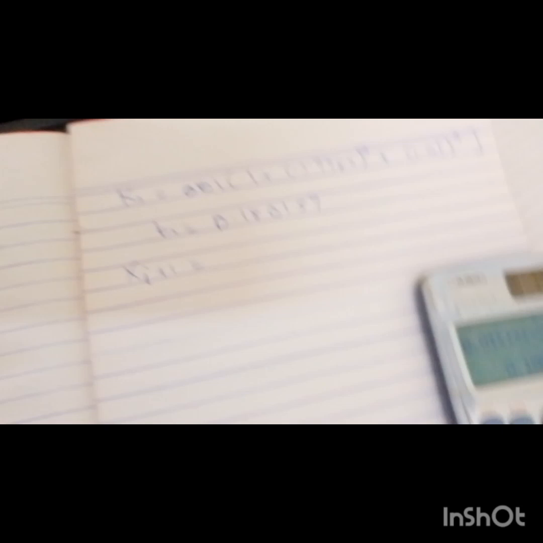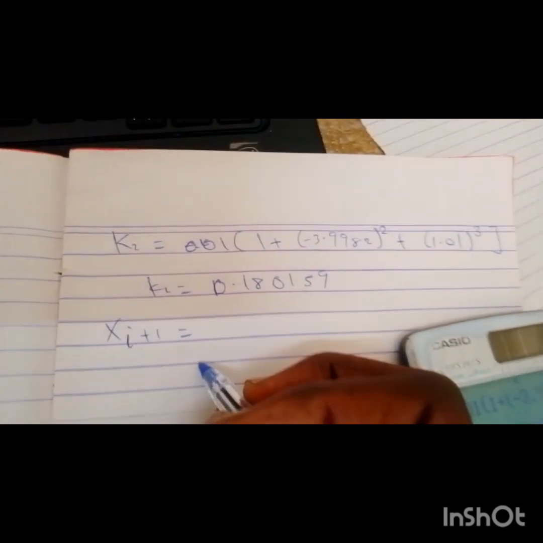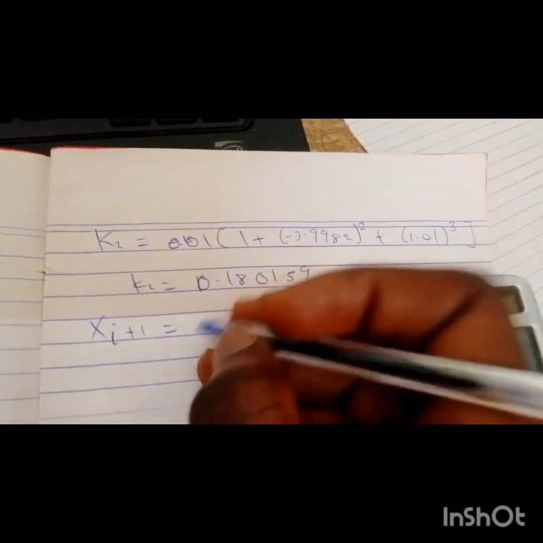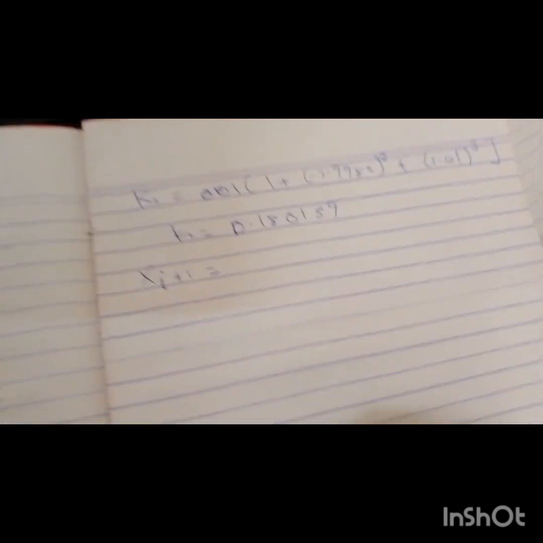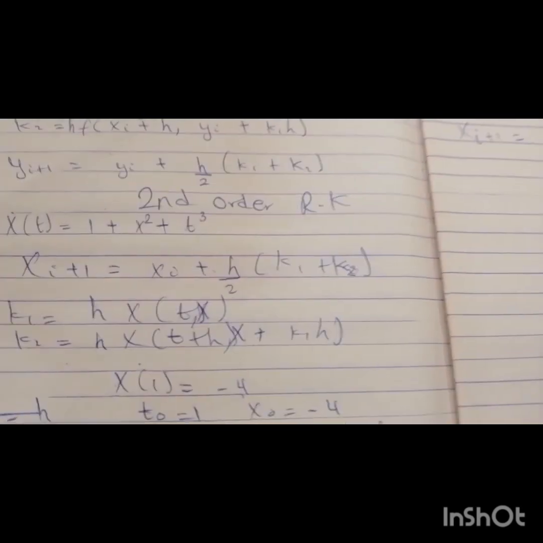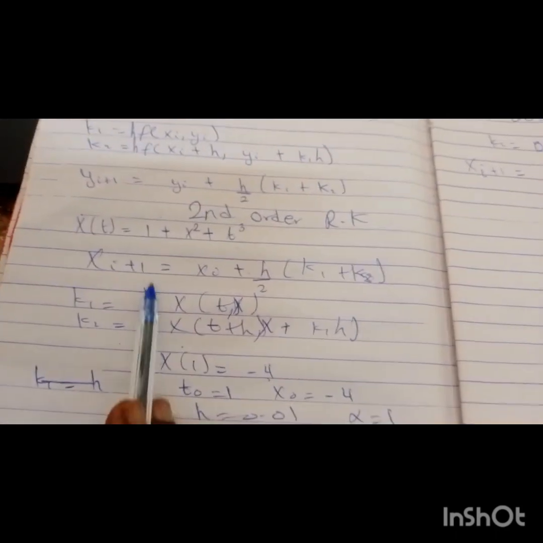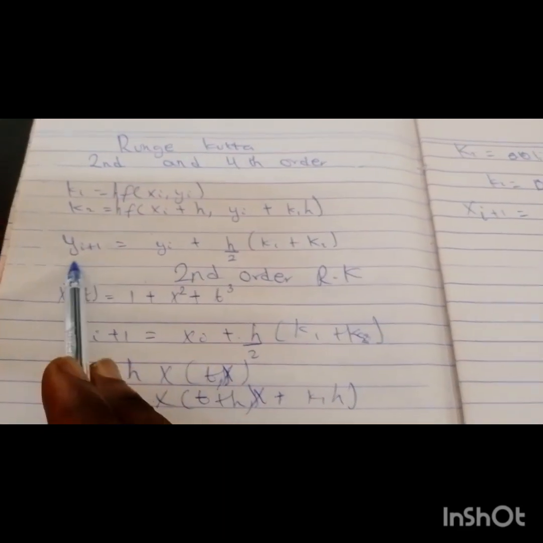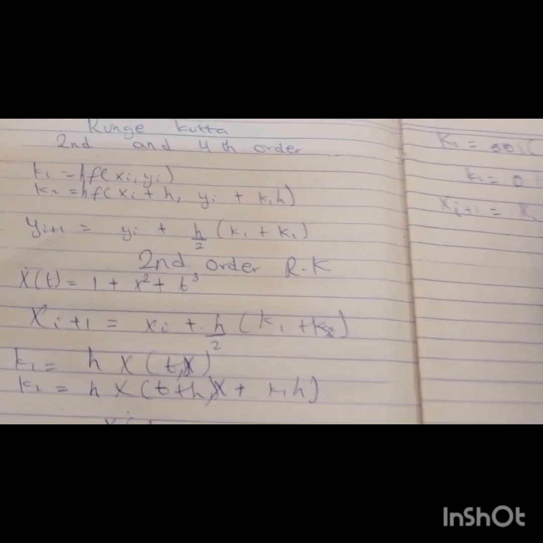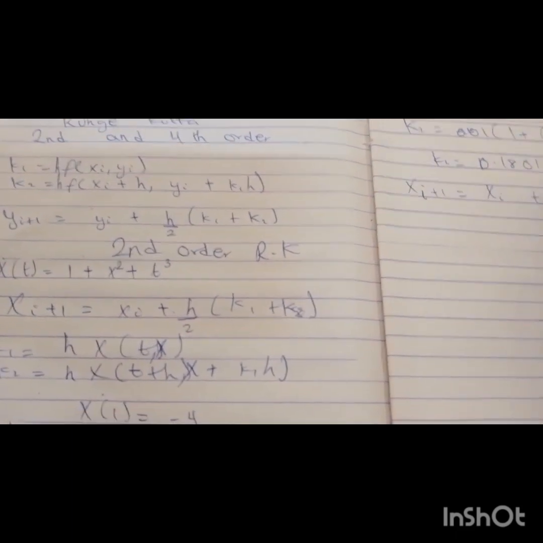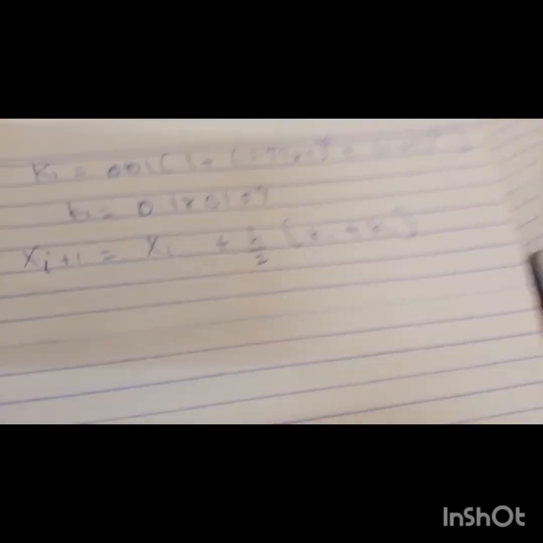After finding your k1 and k2, you are supposed to find your overall x1, so your xi plus 1. From the formula we wrote earlier, you have your xi plus 1 equals your xi plus h on 2 multiplying k1 plus k2.